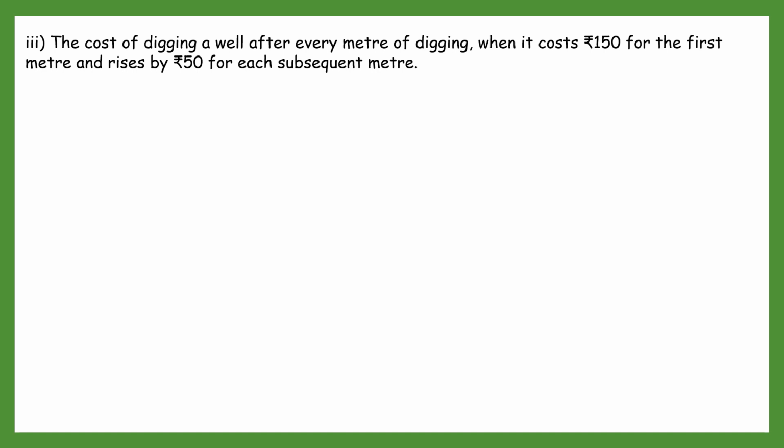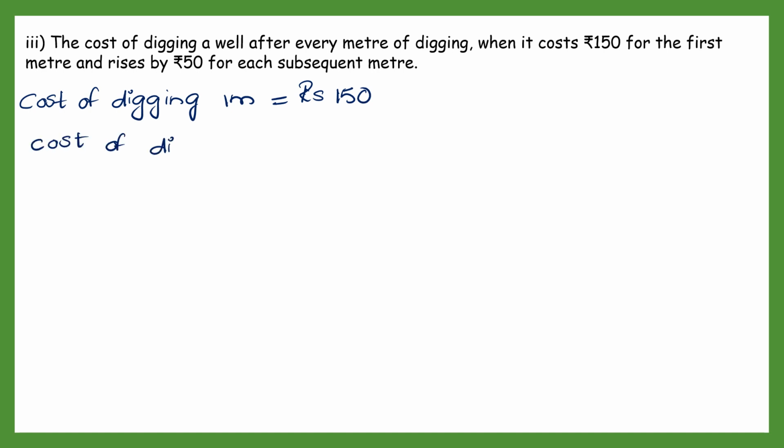Now, cost of digging 1 meter. It is what? Rupees 150. Now cost of digging 2 meters. 2 meters means 1 plus 1.